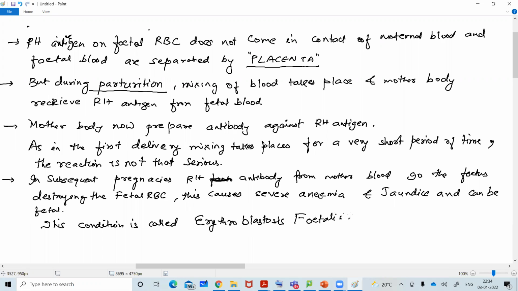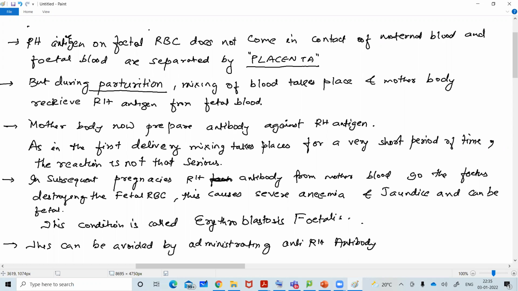So this can be avoided. There is a way also. You can say the last point: this can be avoided by administering anti-Rh protein, anti-Rh antibody, to the mother immediately after the first delivery.